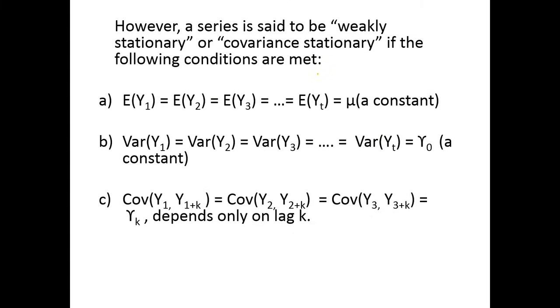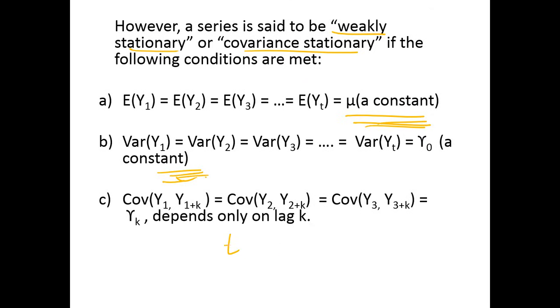So there are some more definitions. There is something known as weakly stationary, covariance stationary, and so on. And what we have learned so far is strictly stationary. So in weakly stationary terms, the mean is constant, right? The variance is also constant. And if you take the covariance for two different points in the series, it only depends on the difference in time.